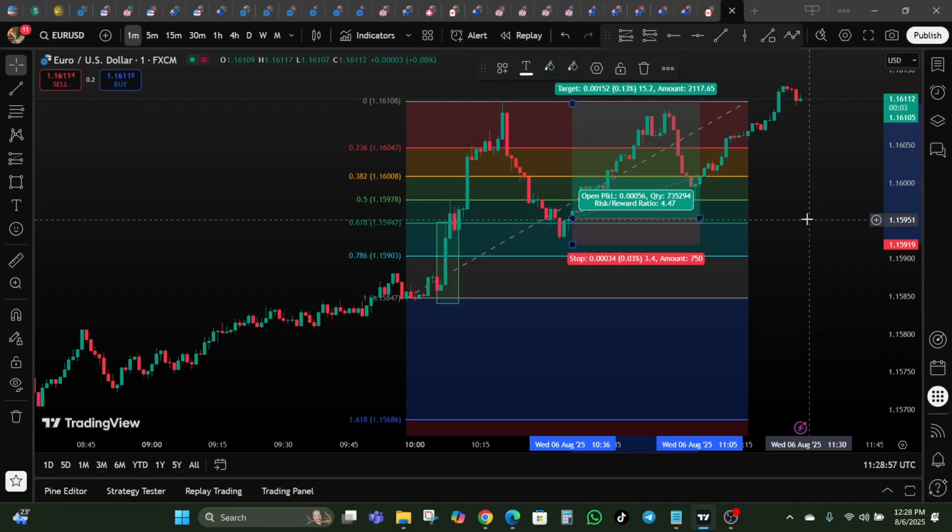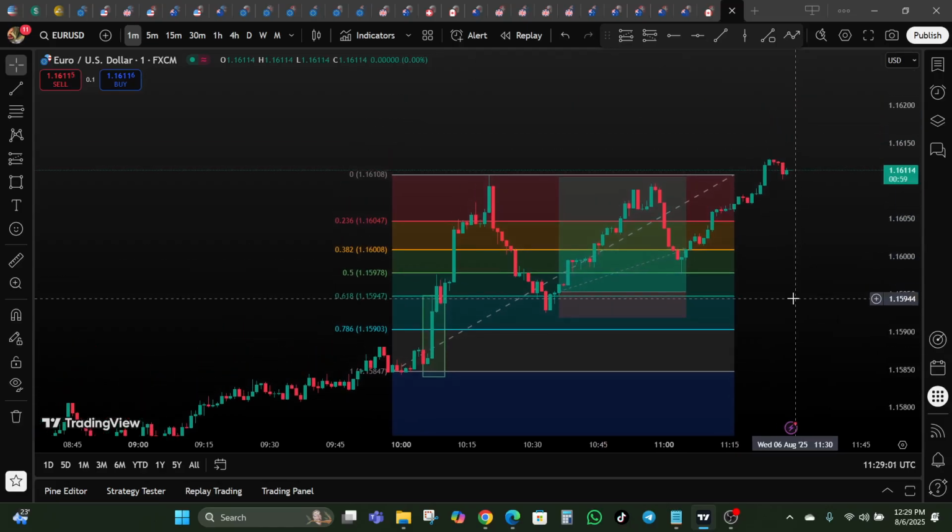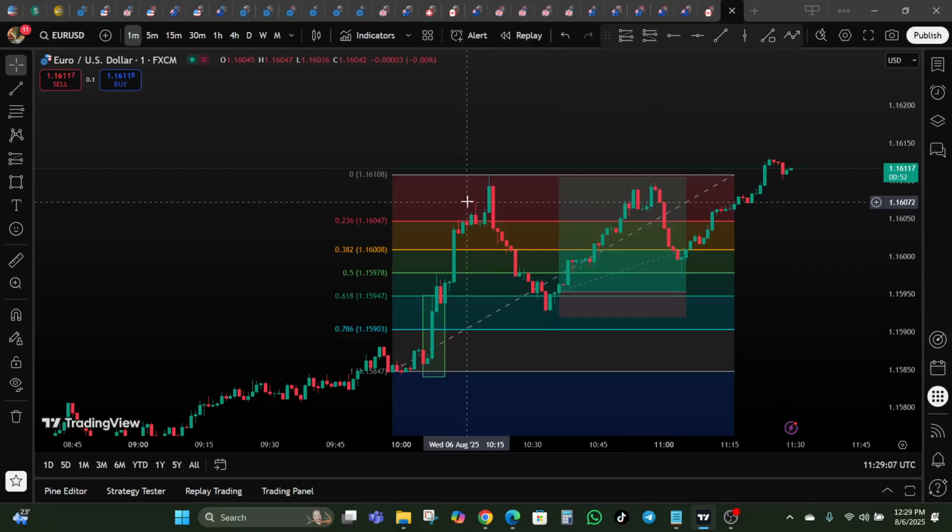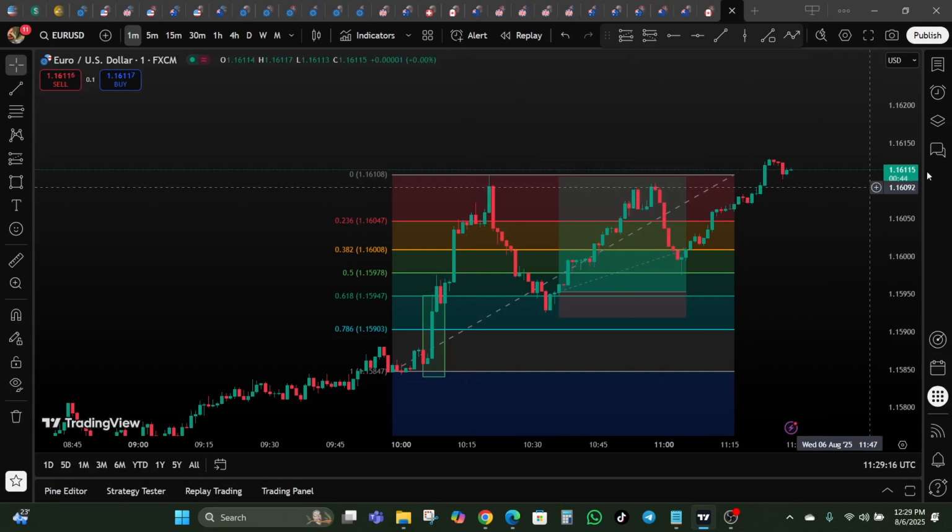Common exit levels for the Fibonacci extension include 1.0, which is 100%, or maybe the 1.272 or 1.618. Or you can even decide to trail your stop using structure, locking in profits as price moves in your favor. The goal is quick execution with strict risk control.